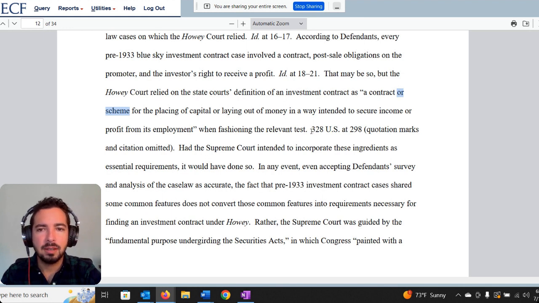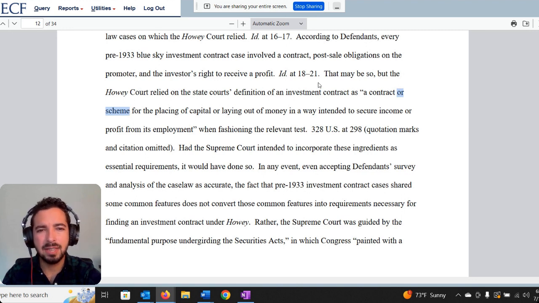So, okay. Ripple is saying that there really needs to be a contract, but take a look at this. The definition of investment contract, at least as the Howey court relied upon, says a contract or something other than a contract. So you see, it's already basically destroying Ripple's argument here.